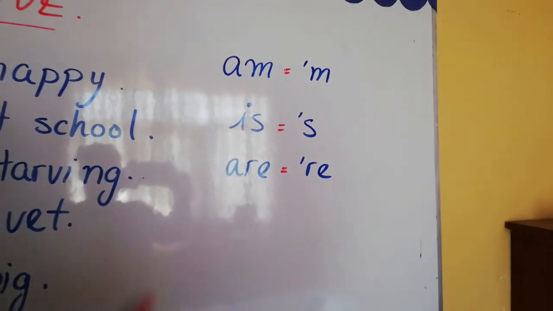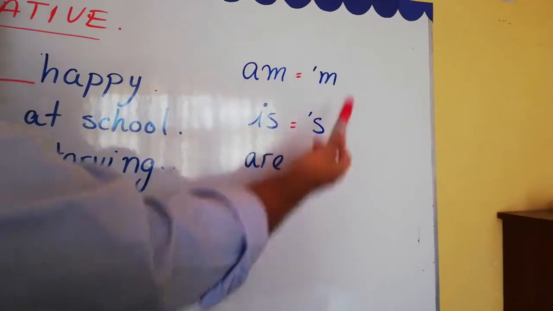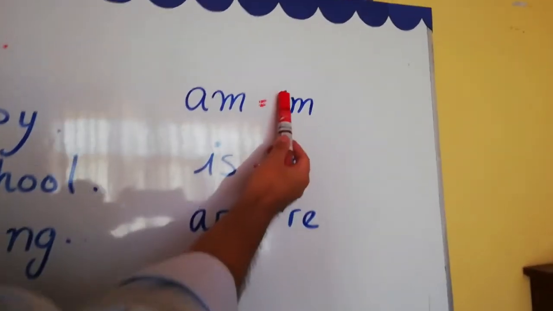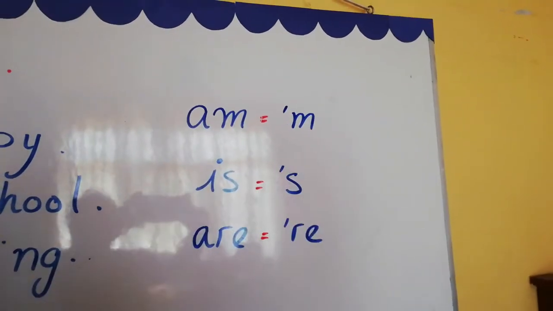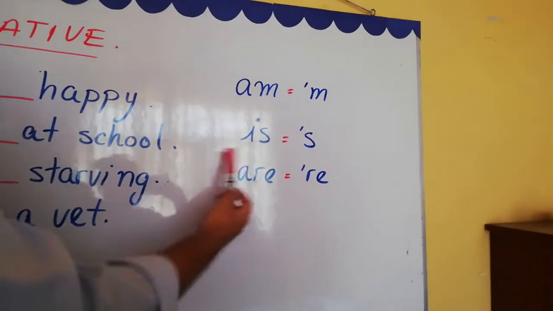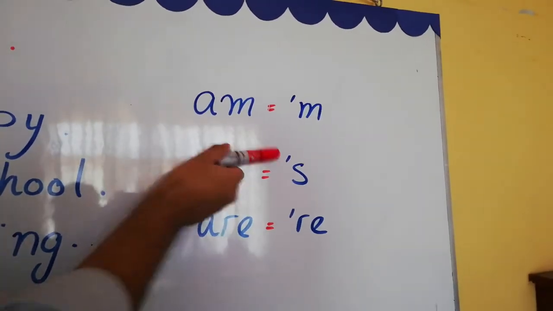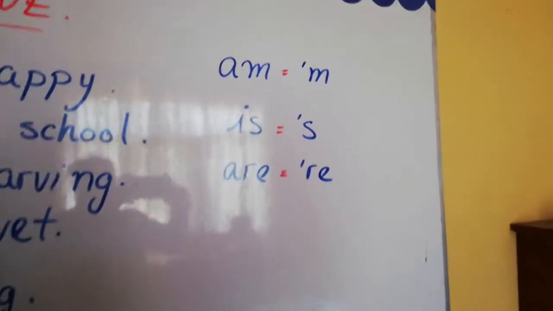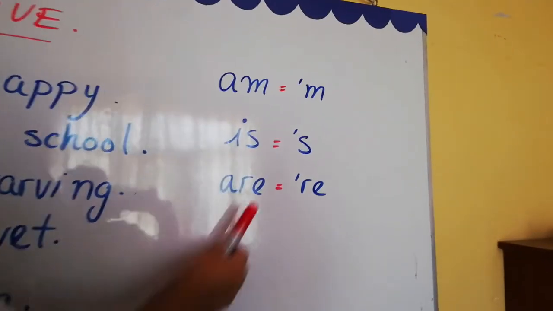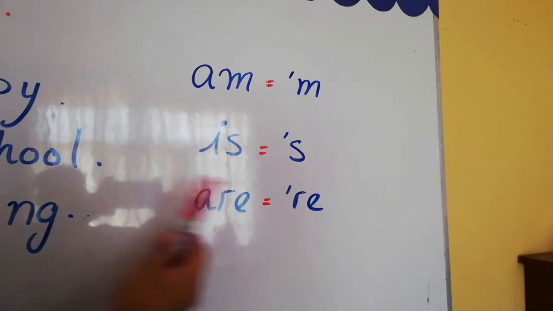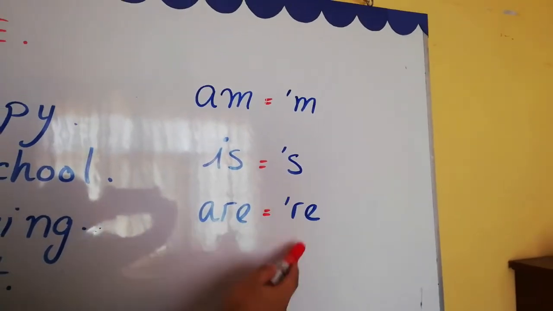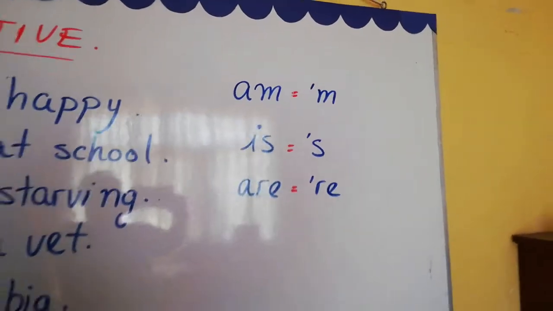For example, if I have am, the contraction is gonna be apostrophe m, okay? If I have is, the contraction is gonna be apostrophe s, perfect. And finally, if we have are, the contraction is gonna be apostrophe r, okay, perfect.